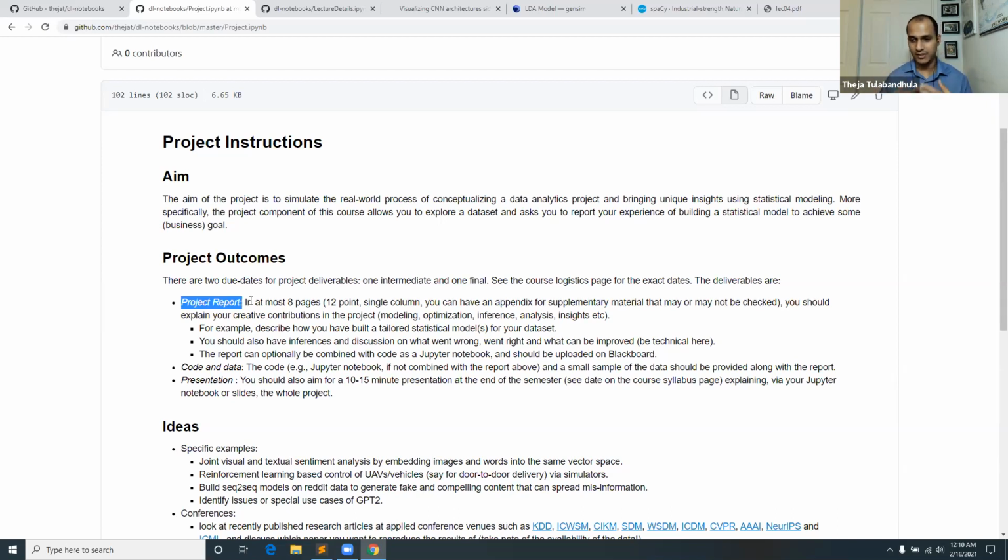For example, if you're focusing on text, then you can look at a model which uses Word2Vec, and also a model which uses something else like BERT encodings. This is just an off-the-fly example. But it's basically a proposal at this point, the intermediate report.